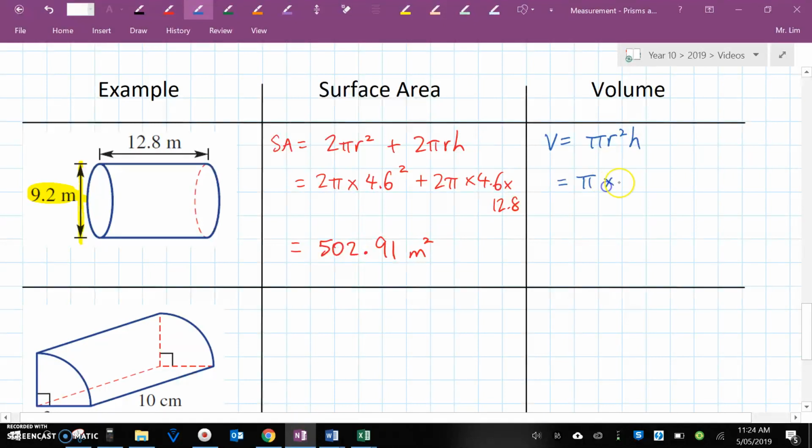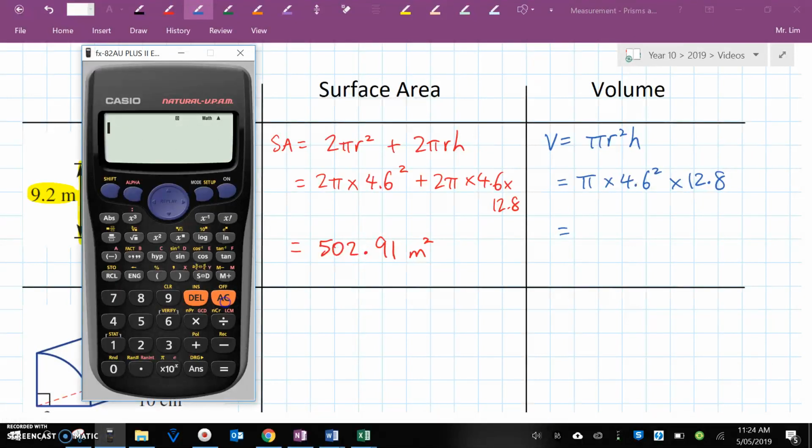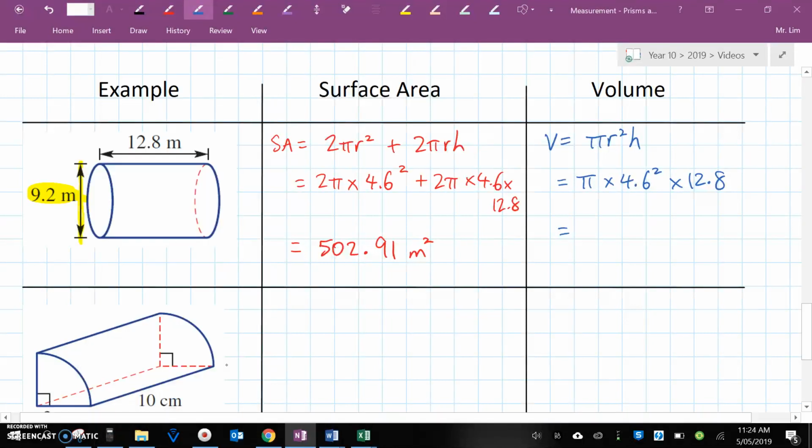Pi times the radius, which we said was 4.6 squared, times height, 12.8, is equal to 850.89 cubic meters.